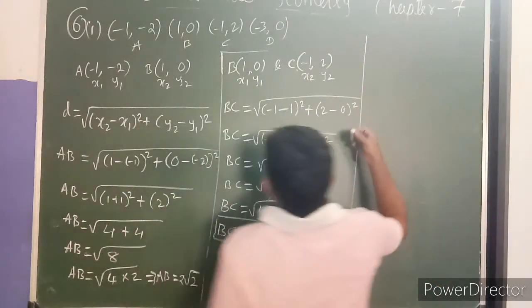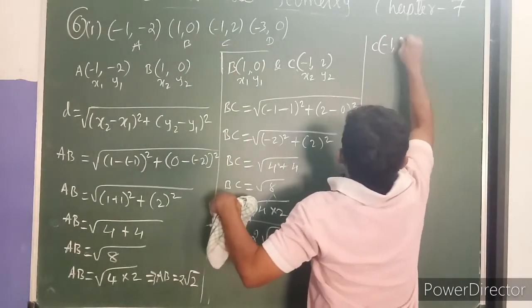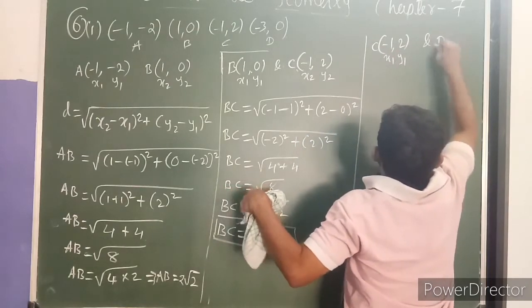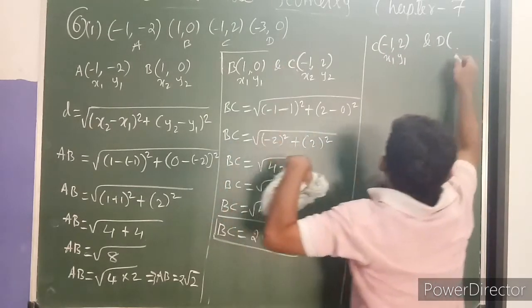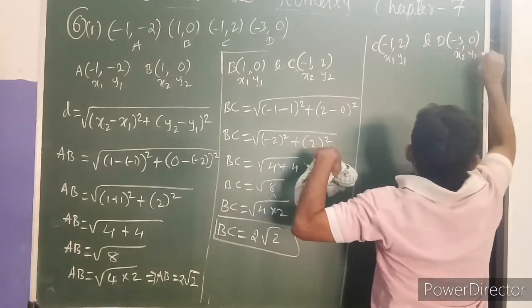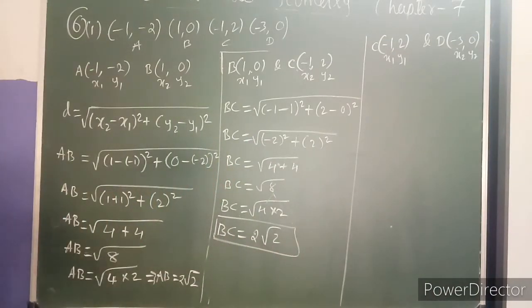What is CD? What is C? C is minus 1, 2. That is x1, y1. And what is the D value? D is minus 3, 0, that is x2, y2. Then we got the same value from here.